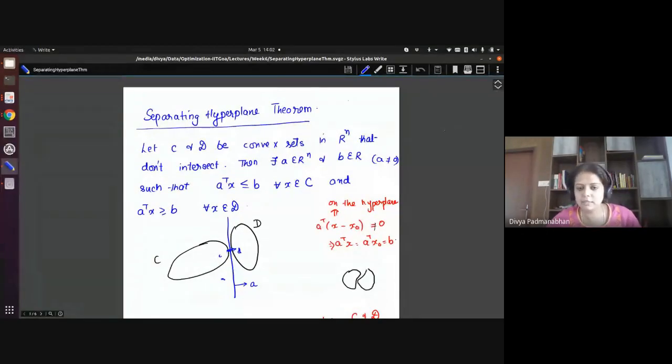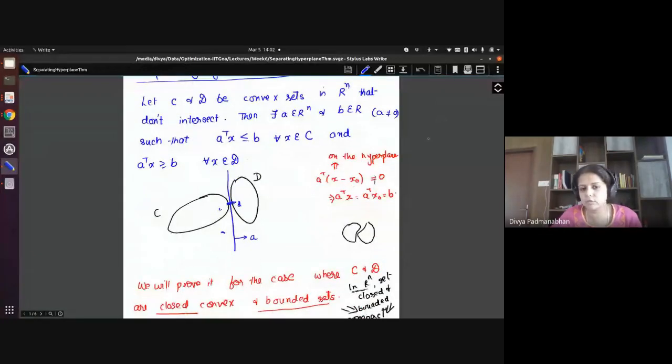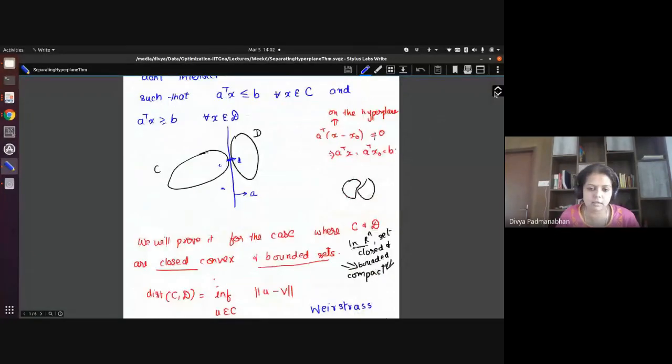It said that for two convex sets in Rn that don't intersect, you can always find a hyperplane which separates the two. The way we did this was, we considered a specific example of closed and bounded sets, which are called compact sets, and we did the proof for this case.